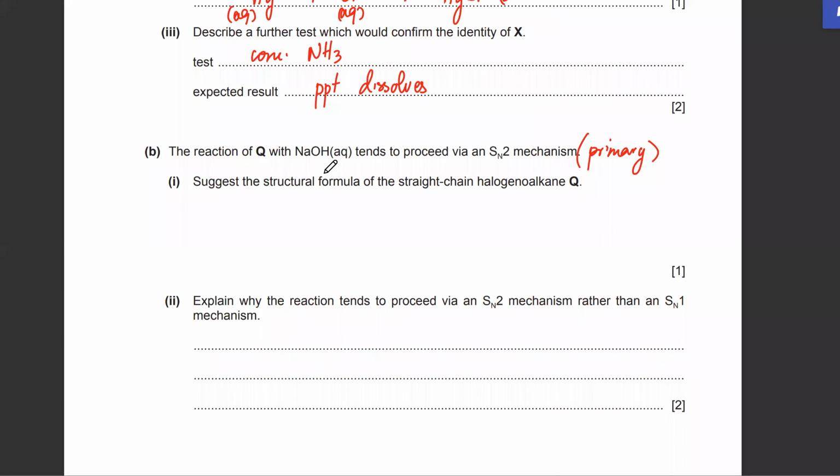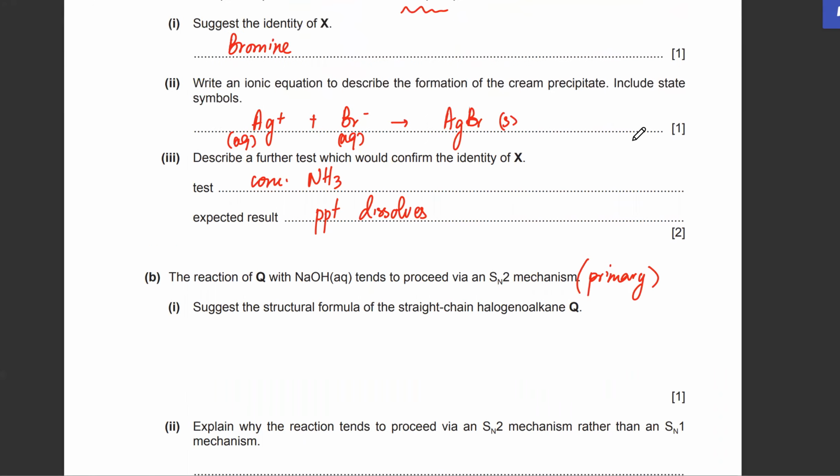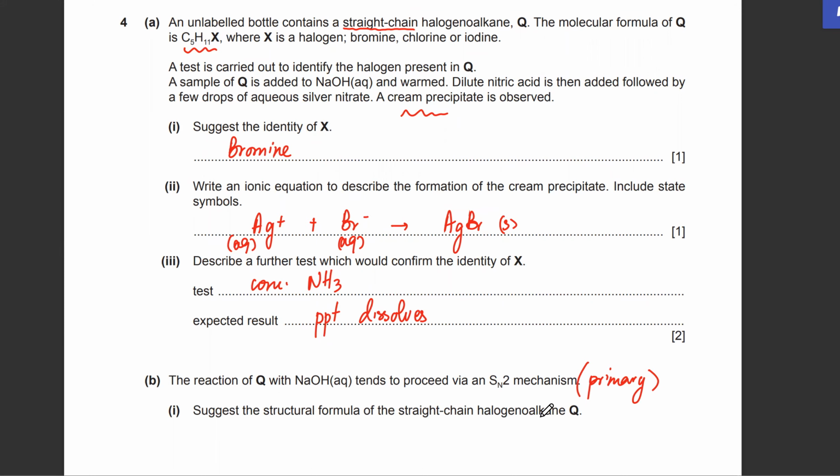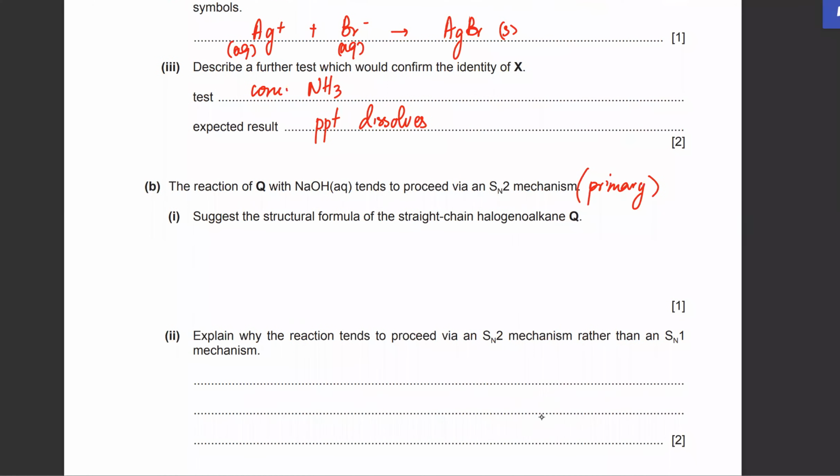So suggest the formula of the straight chain halogenoalkane Q. We figured out that it is a primary halogenoalkane, and we also know that it's bromine. So the formula is C5H11Br.